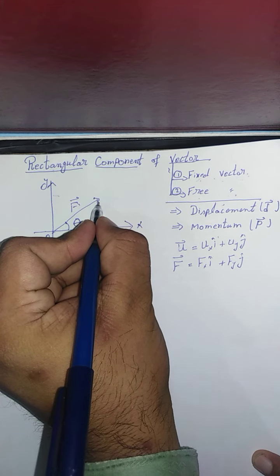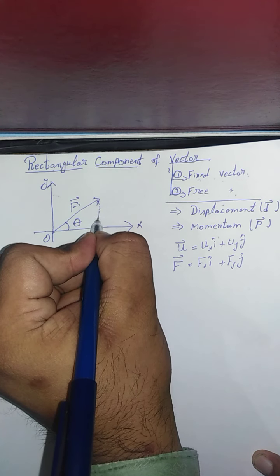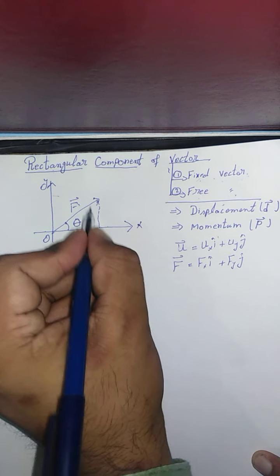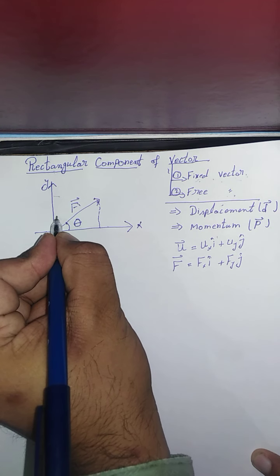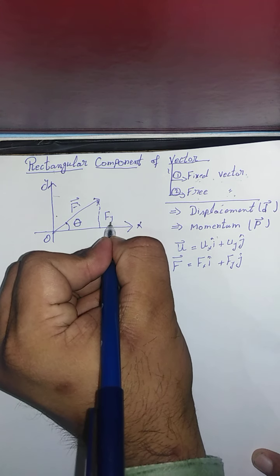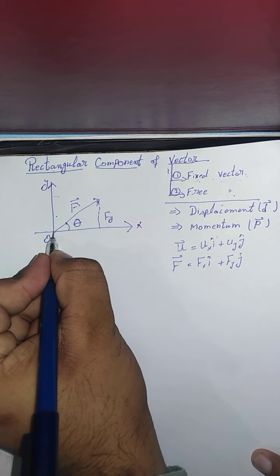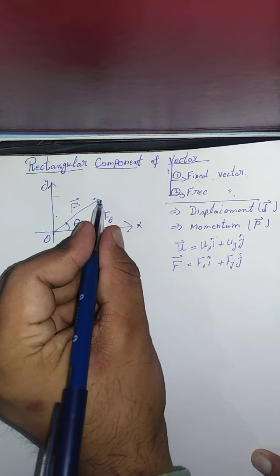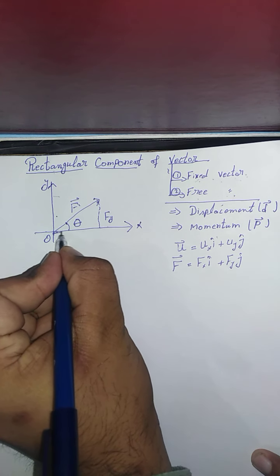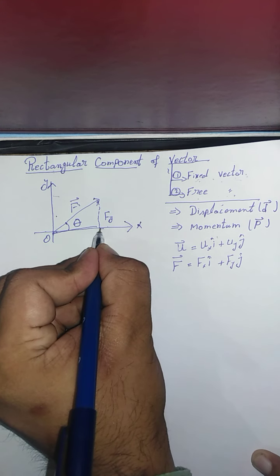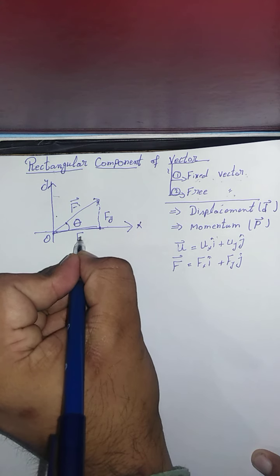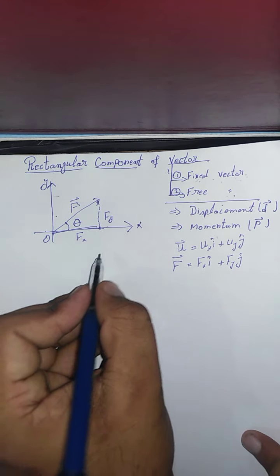If we draw a perpendicular on the x-axis, then this perpendicular is parallel to y-axis. We name it as Fy, and the distance that is covered under the vector F along the x-axis, like from O to that intersection point, this is known as the x component of the force.